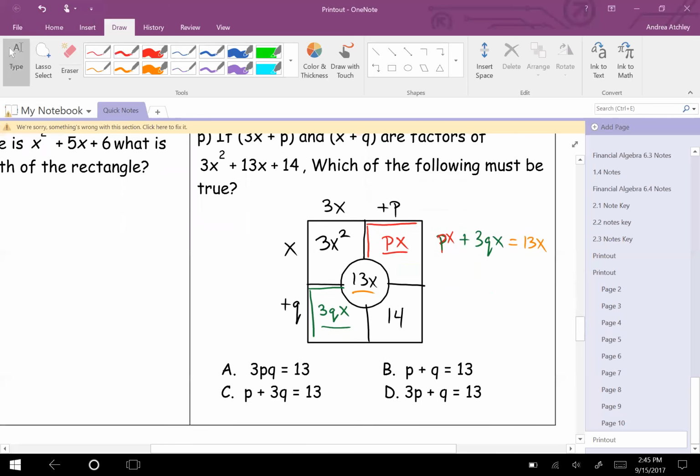So which one demonstrates that? Is it A? No. Is it B, p plus q equals 13? No. Is it p plus 3q equals 13? Yes. The 3q and the p.